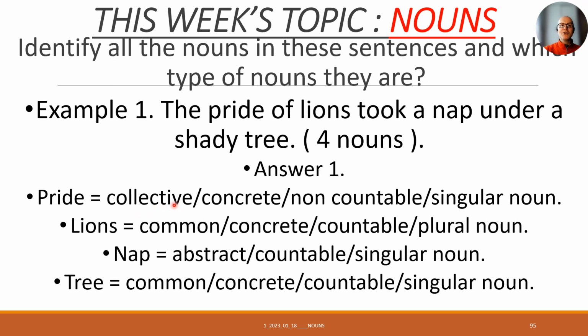Pride in this context is collective, concrete, non-countable, and singular. Lions, common, concrete, countable, plural. Nap, abstract, countable, singular. Tree, common, concrete, countable, and singular.